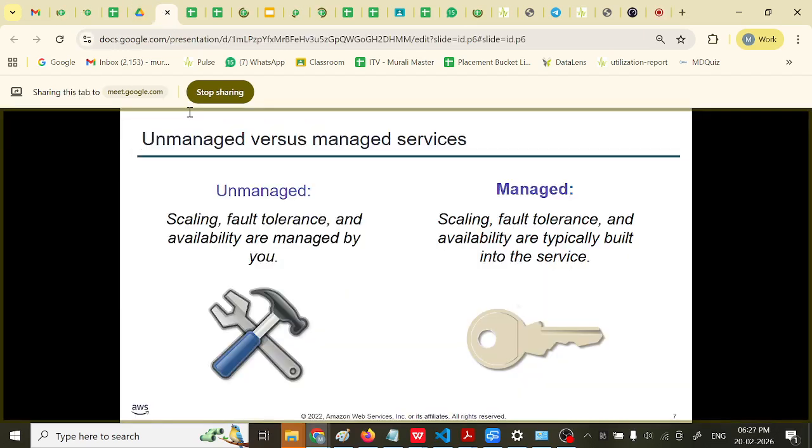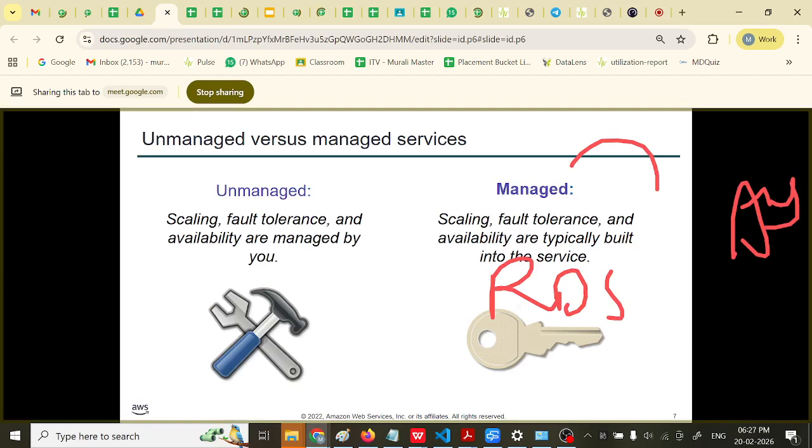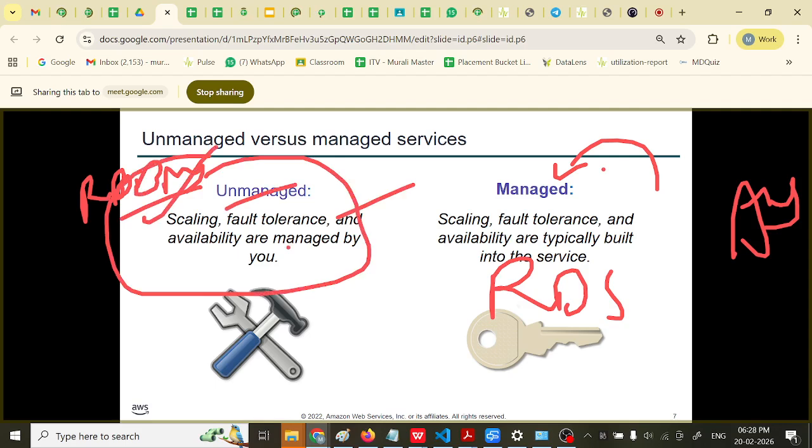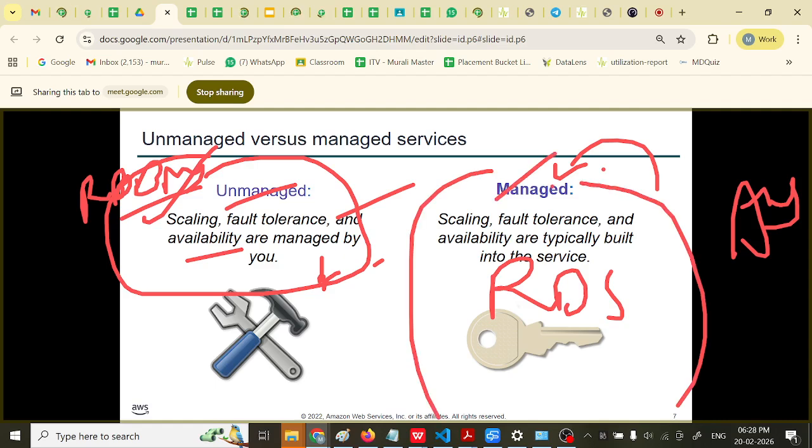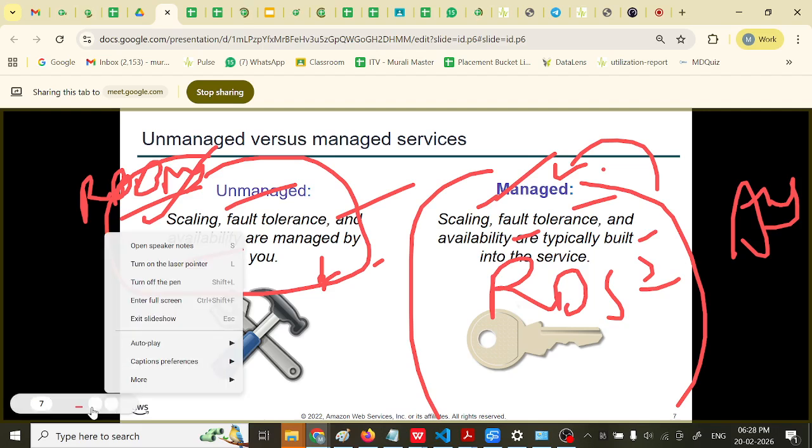How are we making this? It's by RDS. Through RDS, AWS is making this a managed service. This is your normal RDBMS, relational database management system, which is unmanaged. Scaling, fault tolerance, everything will be managed by you. But when it comes to RDS, all things are managed by RDS itself. That is scaling, fault tolerance, availability, everything is in the service itself.